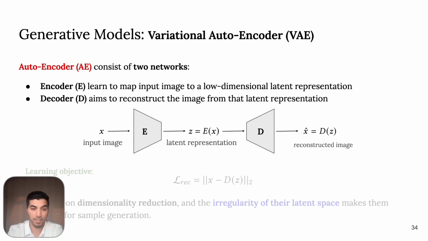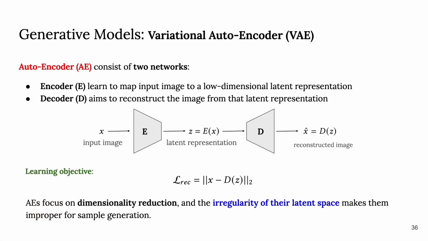The input image is X and the latent representation is shown as Z here. Then we have decoder, which aims to reconstruct the image using this latent representation. So the input is X and the output is the reconstructed X, denoted by X hat. And based on this, the learning objective is the difference between input and reconstructed image.